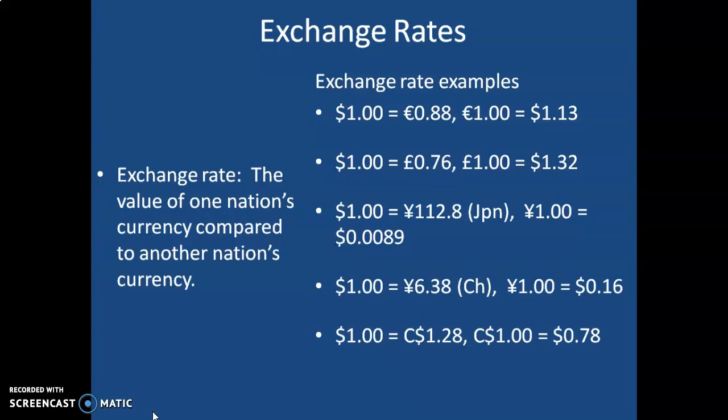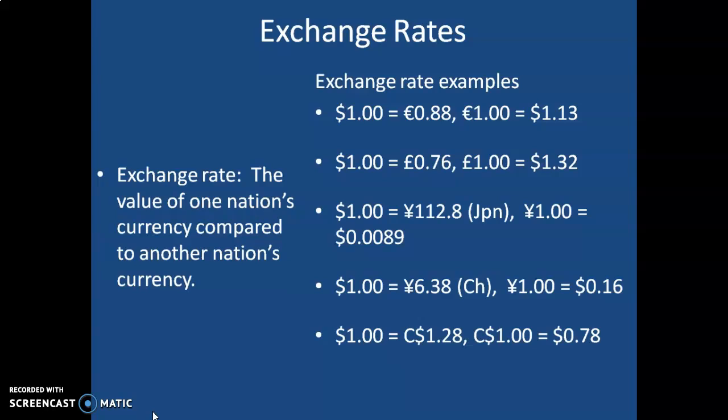And before the UK left the European Union, $1 would have been only about 0.5 pounds, or 1 pound would have been somewhere in the neighborhood of $1.75. So when the UK left the European Union, the value of their currency, the pound, went down significantly. International affairs like that will have an impact on the value of a nation's currency.